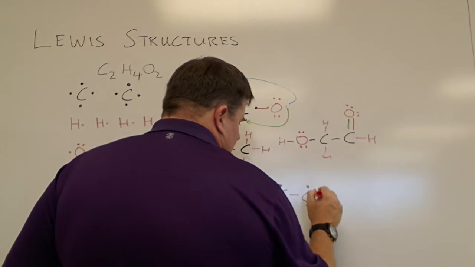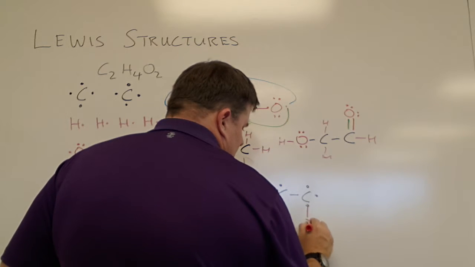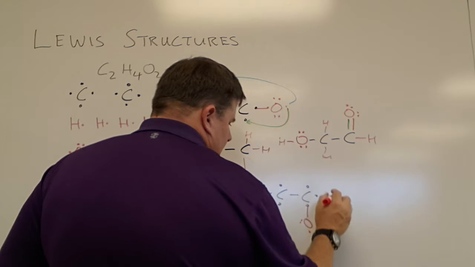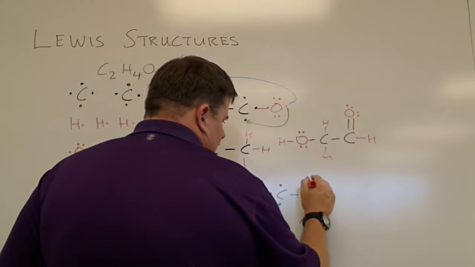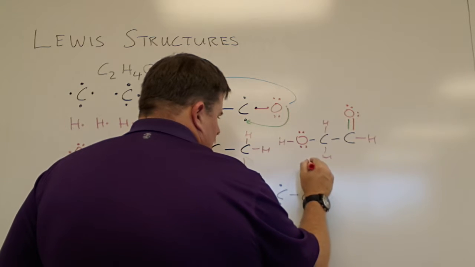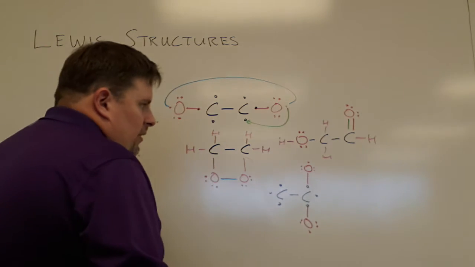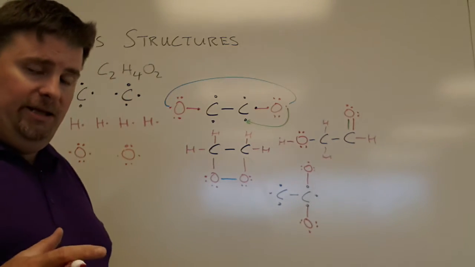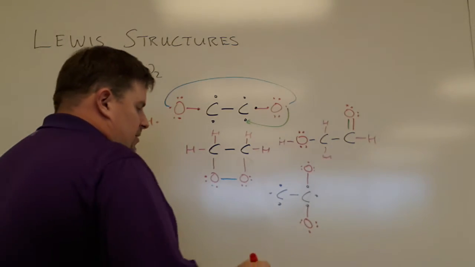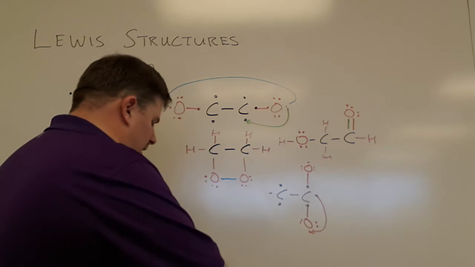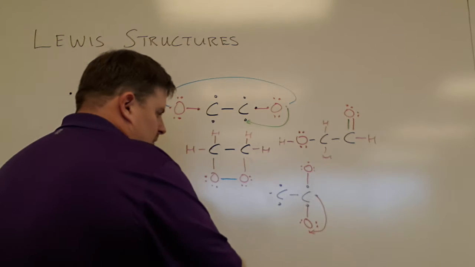So I'm going to take this one, stick it to an oxygen, and I'm going to take this one up here and stick this one to an oxygen as well. Okay, but I'm going to do that double bond that I did before. I'm going to take that double bond and put that to one of the oxygens. So I'm going to take this one, connect it there, and now what I have is this.